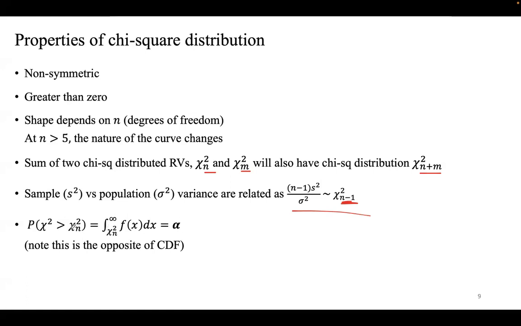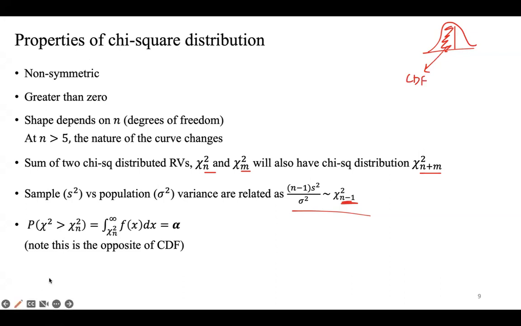Okay. Now, the last property here, and also you'll see for T and F distributions. A lot of times, especially in case of what we have been calculating until now, was the CDF, right? So you are basically calculating the area of the shaded region up to a certain point, right? So normally, whatever the graph be, the CDF is going to be this part, right? So this is what the CDF typically denotes.